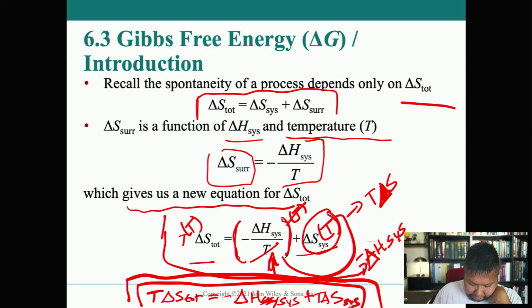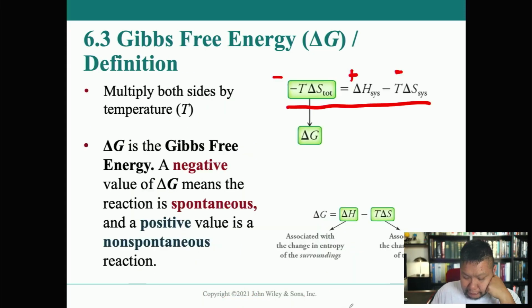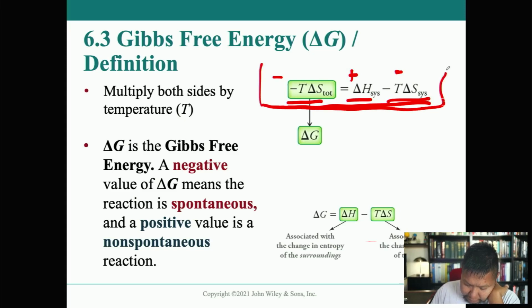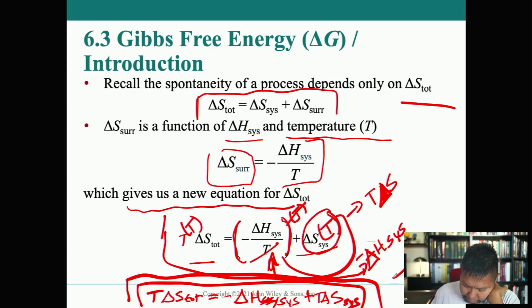Which is still consistent with having negative T delta S total, negative T delta S system. So these equations are equal to each other. This one right here is the same as the equation that I wrote here.